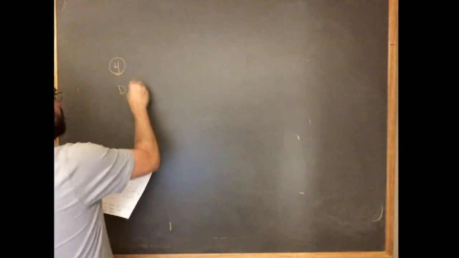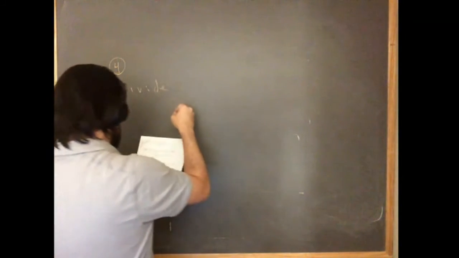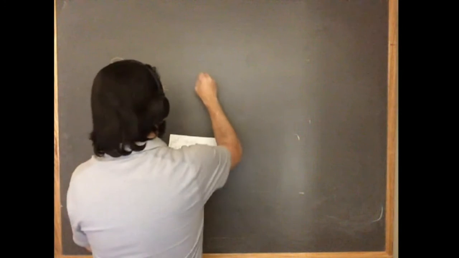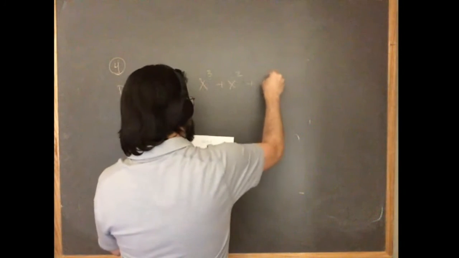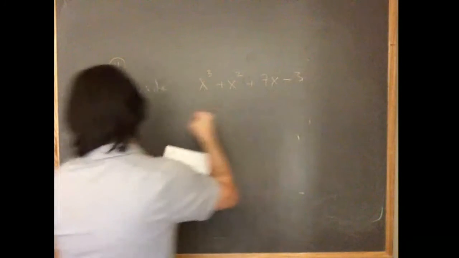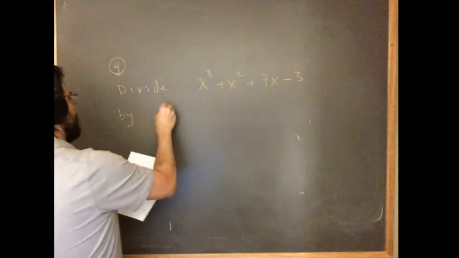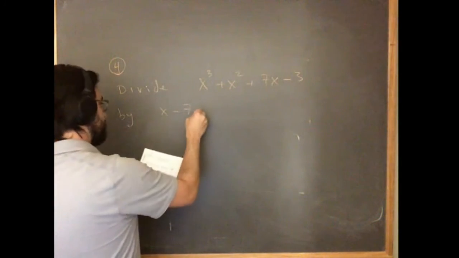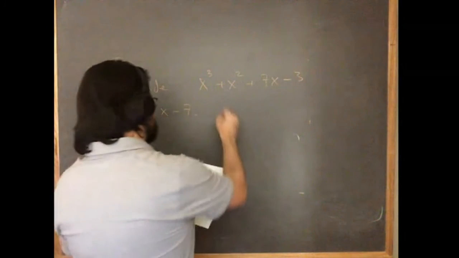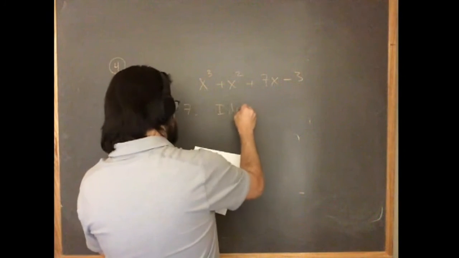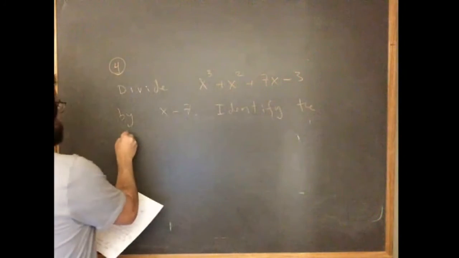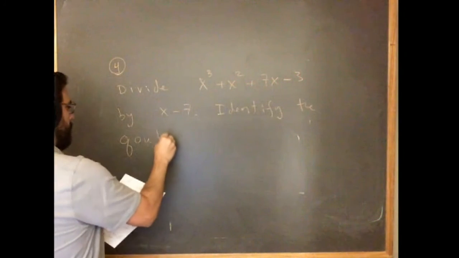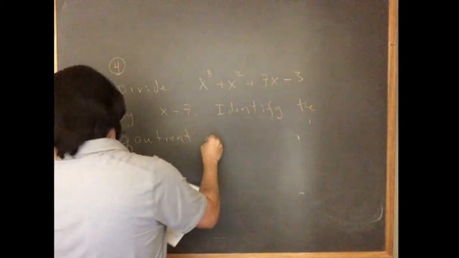So for this one, let's look at dividing x cubed plus x squared plus 7x minus 3 by the factor x minus 7. And here I'll specifically ask you to identify the quotient and the remainder.